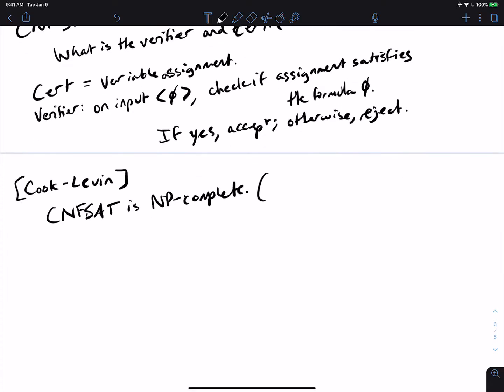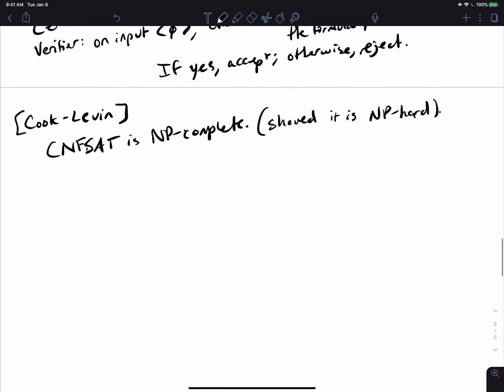The reason why this is difficult to do, and why it took an entire paper or two papers, was that there's no NP complete problem to start with, so you need to show that any problem in NP can be reduced to CNF-SAT.